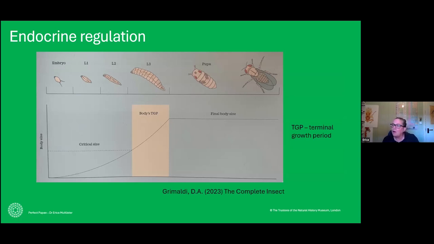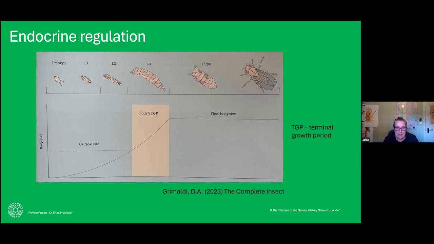So the insects, the larval stages are just there, stuffing their faces, as is the way of the larvae. And once they get a critical size, that's when they can go into the terminal growth period. They can still keep going, but it will start off the pupation process as well.